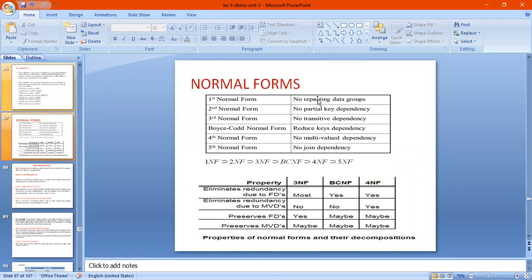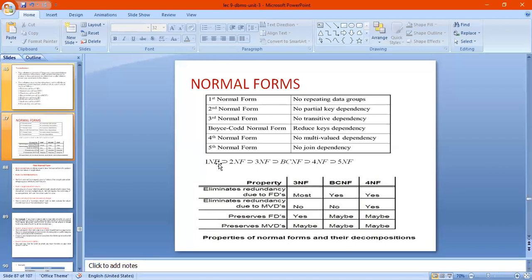I have to tell you one thing. The first normal form is no repetitive data groups. Coming to the second normal form, it has the characteristics of first normal form plus no partial key dependency. So first normal form is also a subset of second normal form, which is also a subset of third normal form.